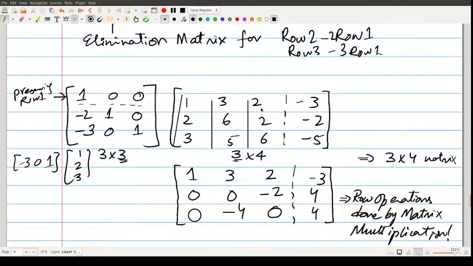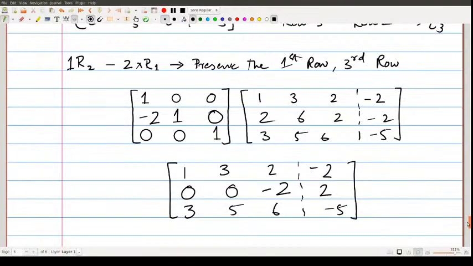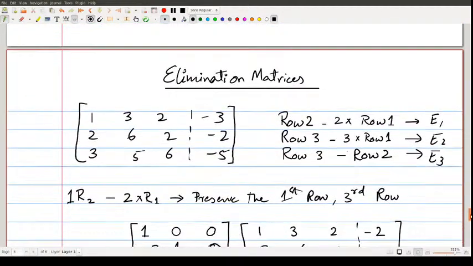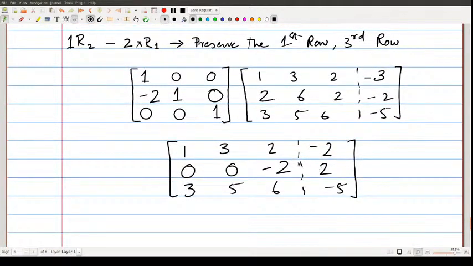Have I put in a wrong entry somewhere? Oh, the first entry was minus 3. That's the mistake. Minus 2 times minus 3 is 6, minus 2 gives me 4. Okay, that's the matrix we get. Yes, you were absolutely right, I made a mistake there. I should have just checked the chat.